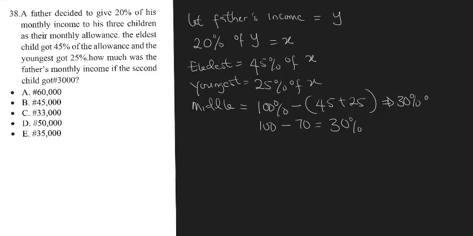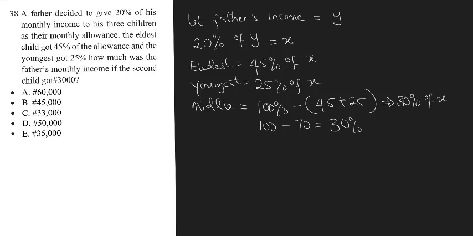So 30% of X. Now the question says, how much was the father's income if the second child got 3,000? We have seen that the second child got 30% of X. We'll use that to get our X. It's very easy.